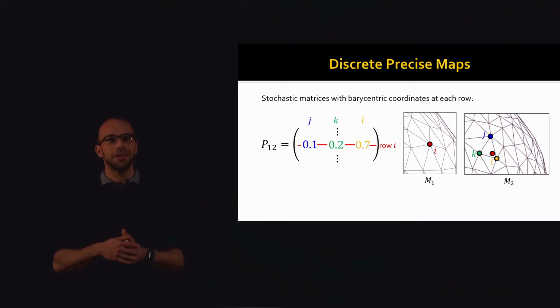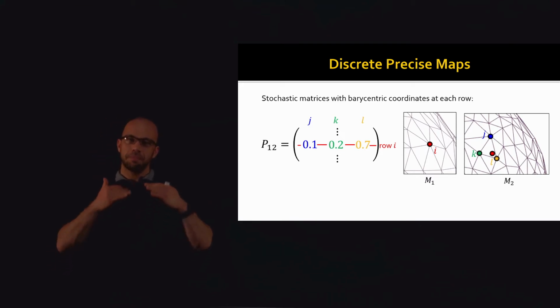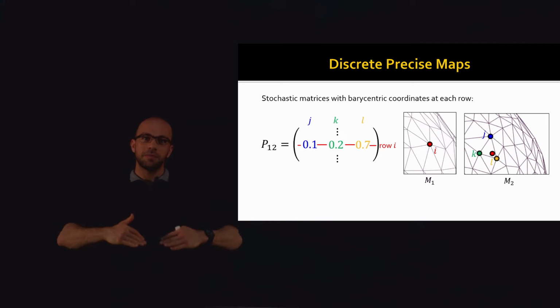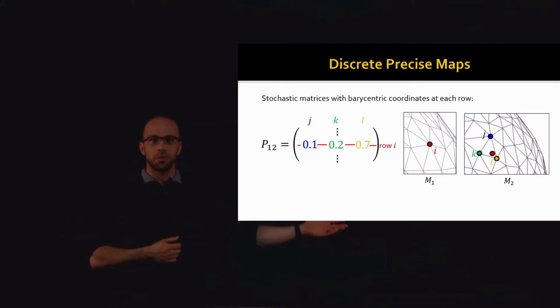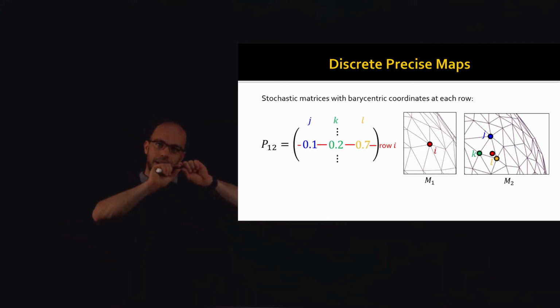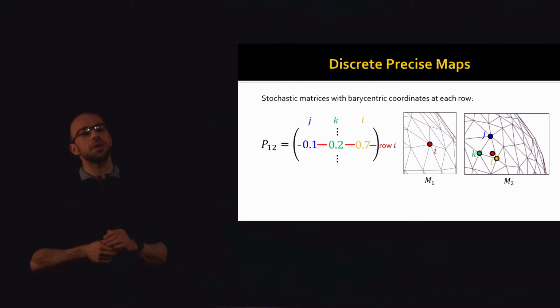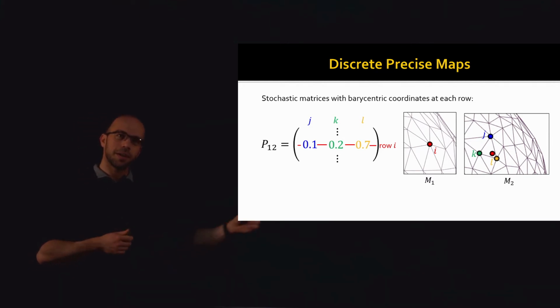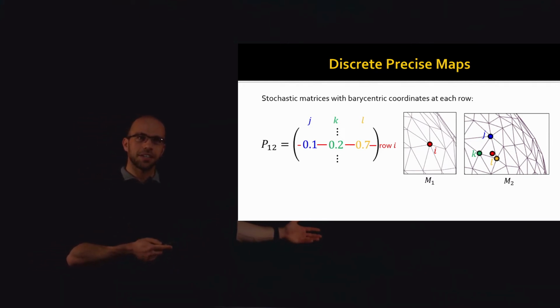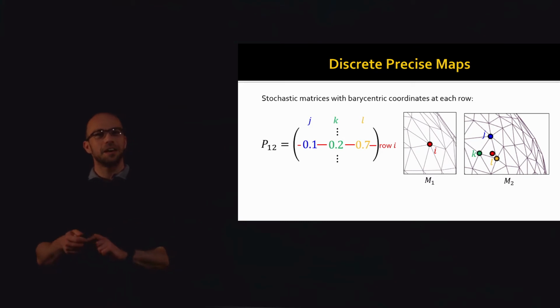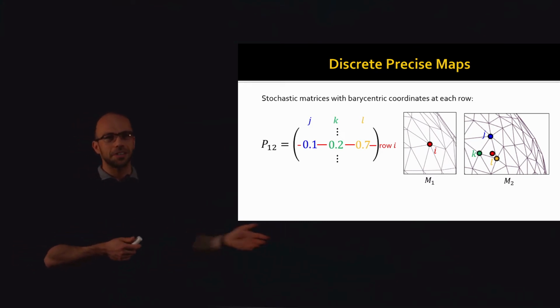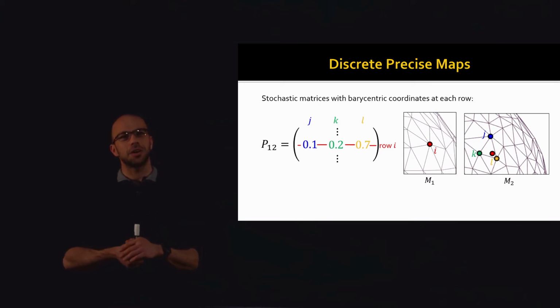So the basic point here is that I can think of a map as a matrix where every row of my matrix is a different vertex of M1. And then every row is essentially a set of coordinates on M2, which are non-zero on at most 3 columns. And those 3 columns correspond to 3 vertices, like this i, j, k that you see on the right-hand side of our mesh. And essentially, the coordinates sum up to 1, or are just barycentric coordinates inside of that target triangle.